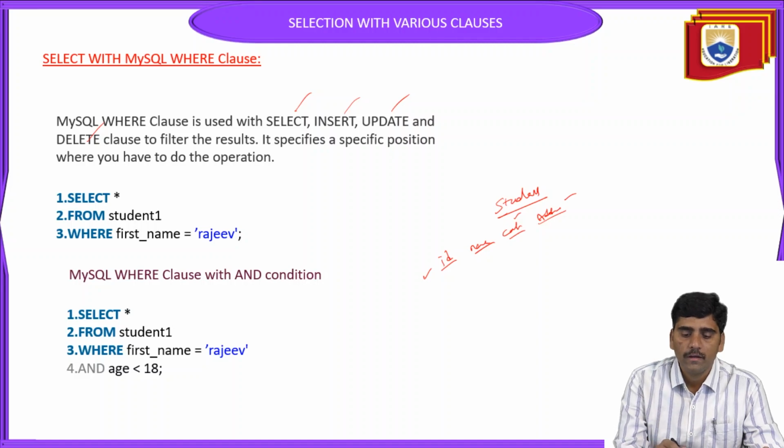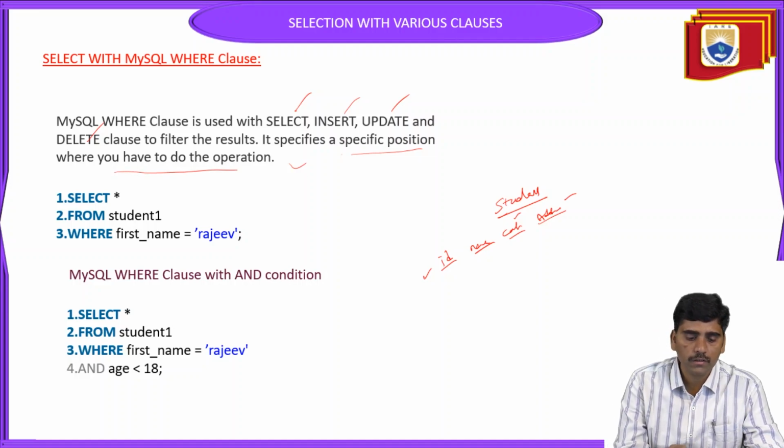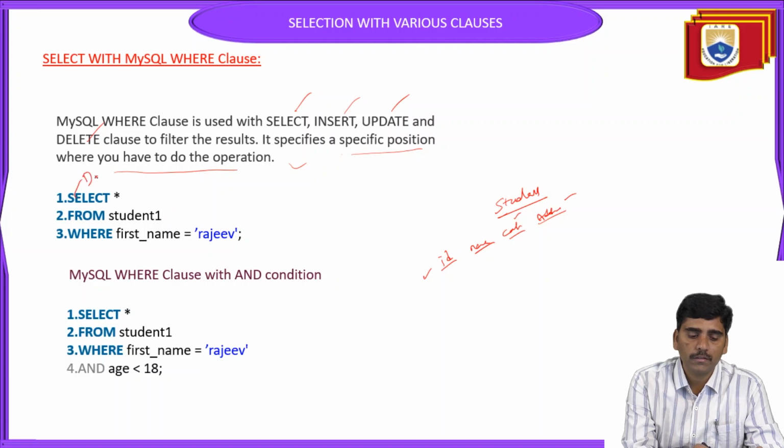See here, it specifies a specific position where you have to do the operation. Suppose take an example: select star from student1. Select is a DML statement and student1 is the table name.